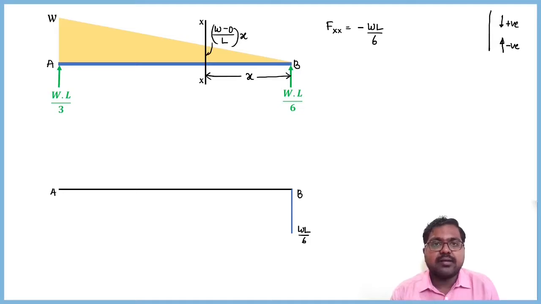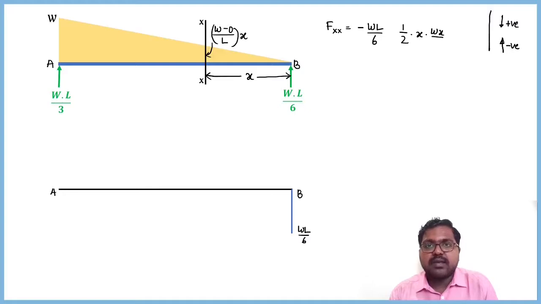This is the height. So area of the triangle is half into base x into height Wx by L. This is the total force and it is acting downward, so it is positive in nature. So we'll get Fx as minus WL by 6 plus W x square by 2L.